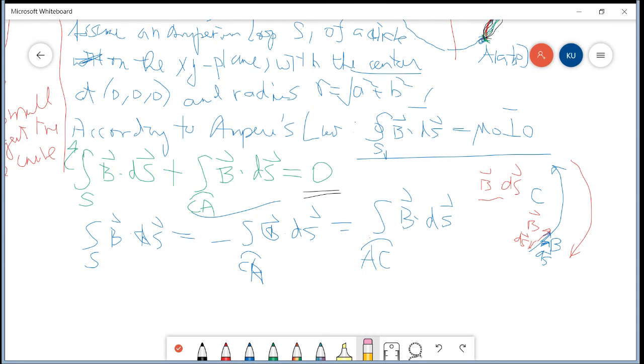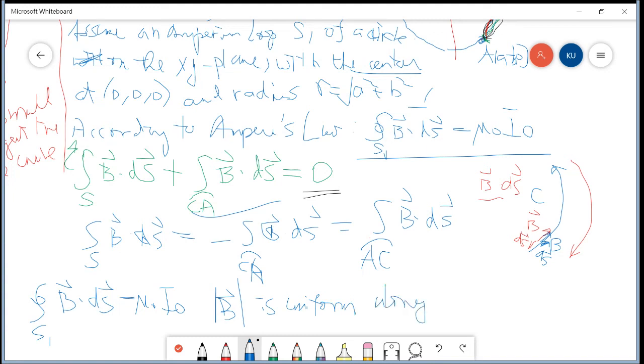And as we know that for this one, B dot ds over S1 equals mu 0 I. Actually, we know that the magnitude of B is uniform along S1, although the directions are different.